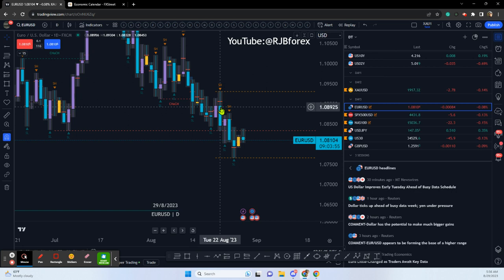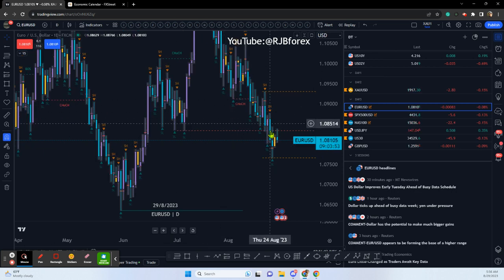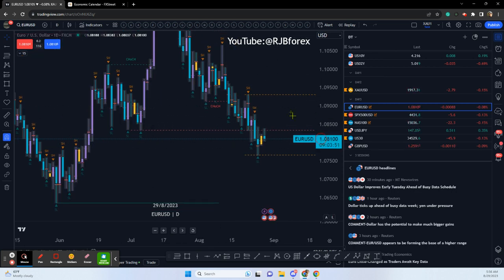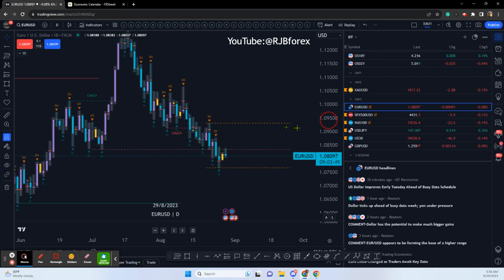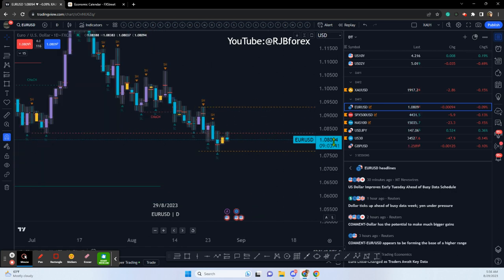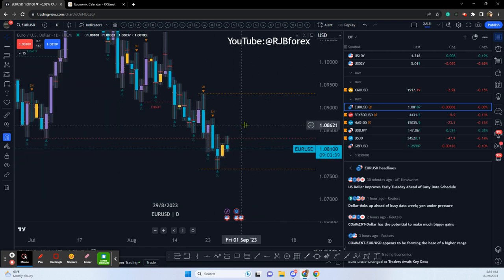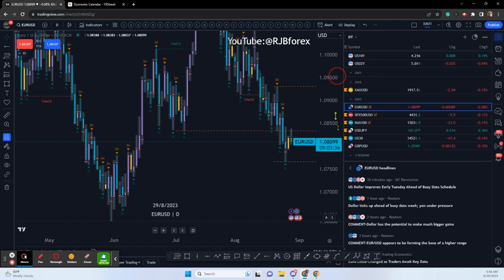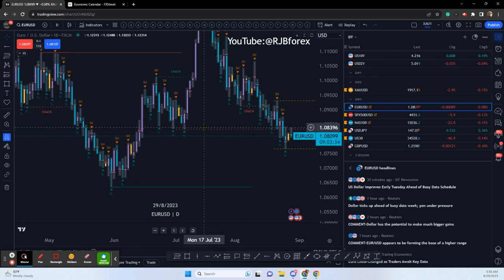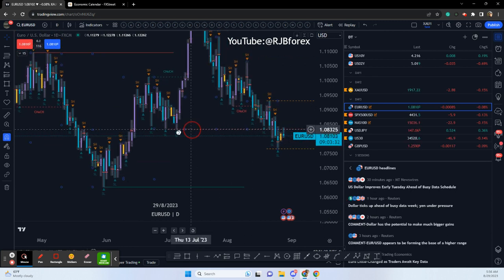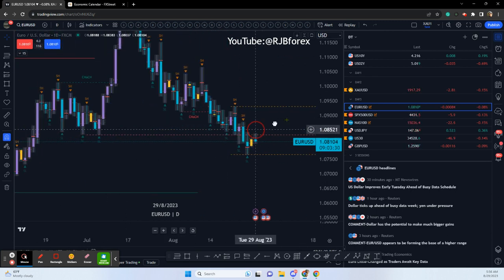Okay, so the euro has broken structure to the downside. So the bias remains to the downside until it can get above resistance. Now it's testing this last month's lows. Okay, so that's acting as resistance at the moment.